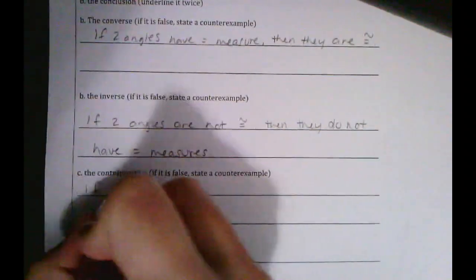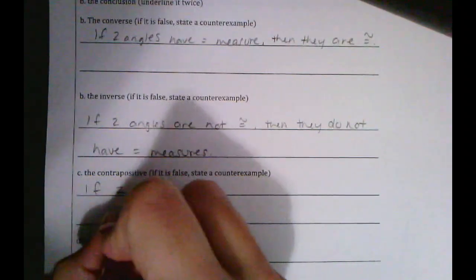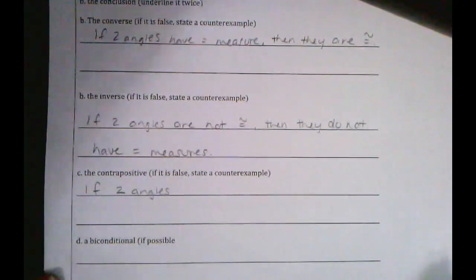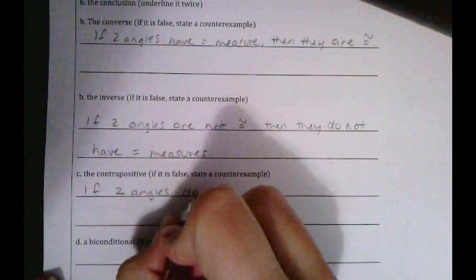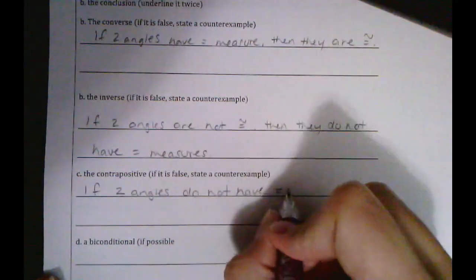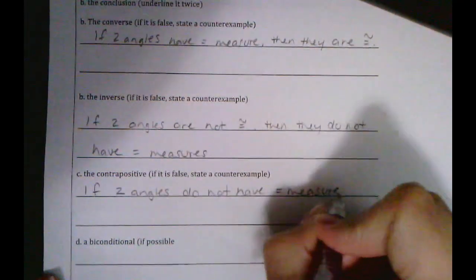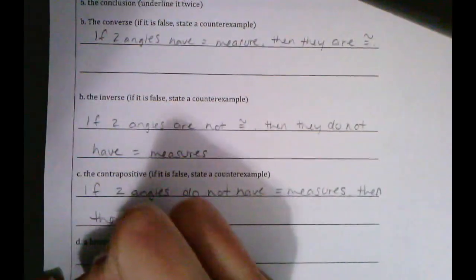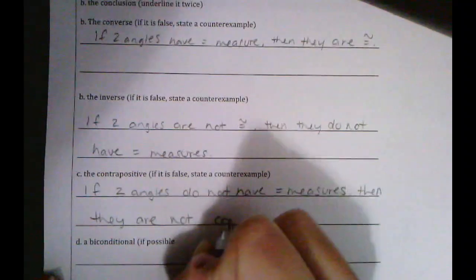The contrapositive is if two angles do not have equal measure, then they are not congruent.